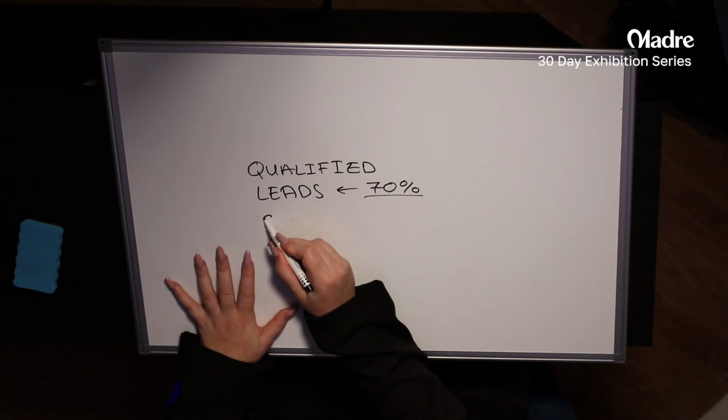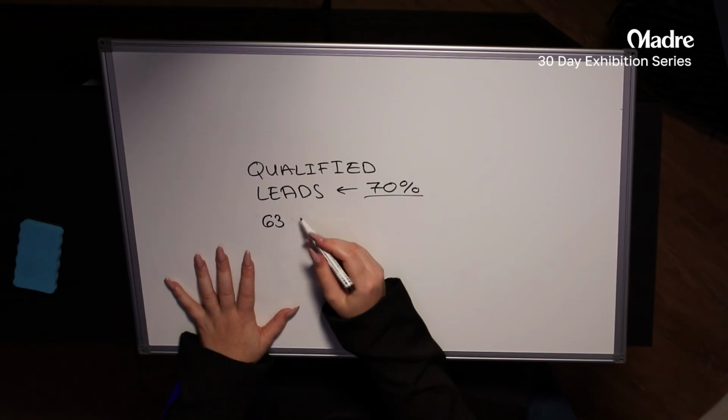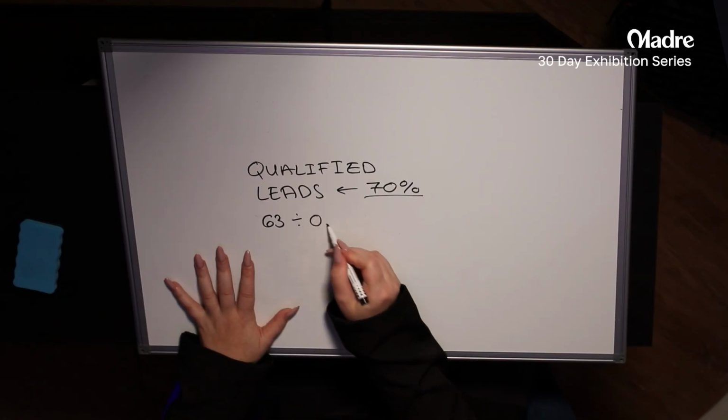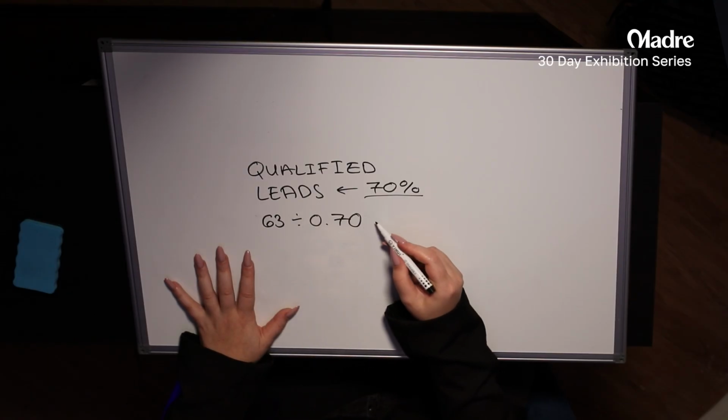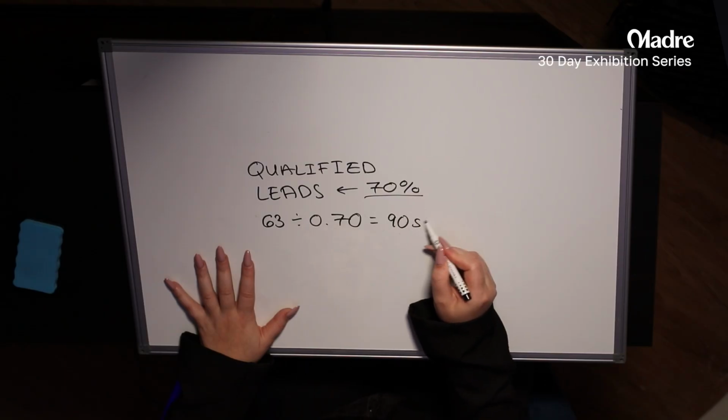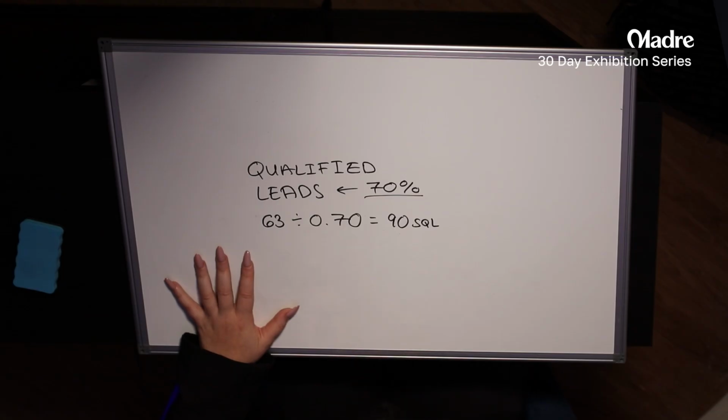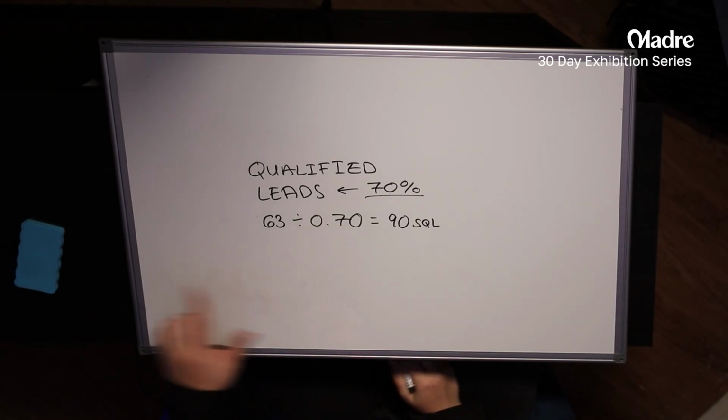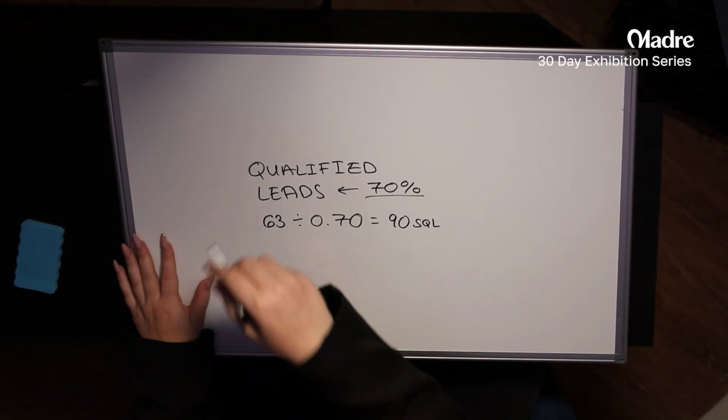Again, the 63 interested leads that we had previously, we then want to divide by 0.7, and that gets us the answer of 90 sales qualified leads needed in order to get the amount of customers that we want, which is 15, if we work it all the way back.